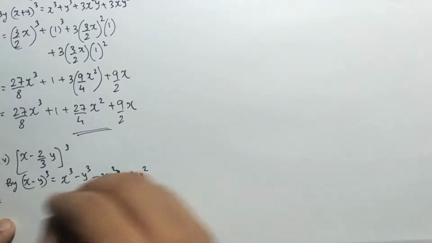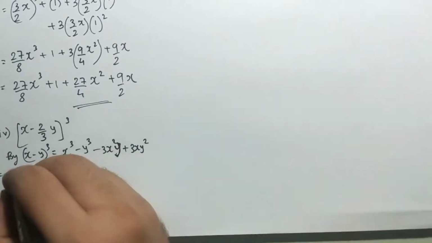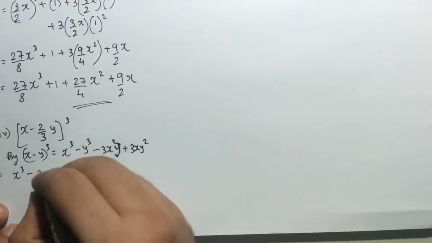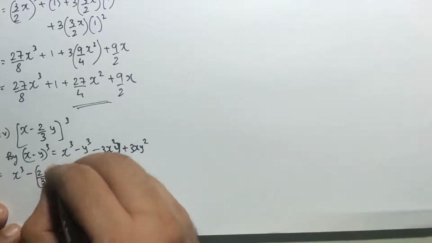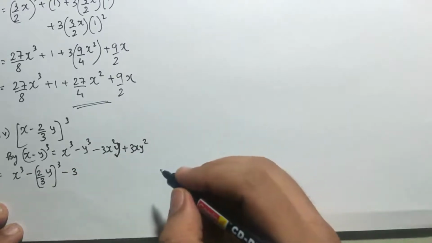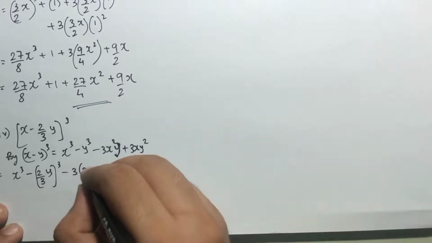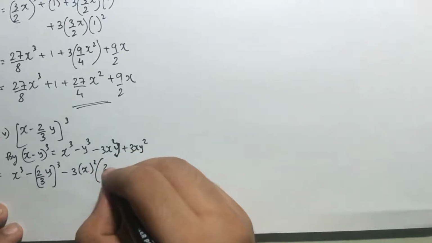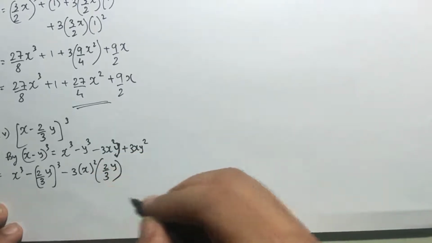So this will be cube of the first term. Cube of the first term is x cube, minus cube of the second term, that is (2 by 3y) cube, minus 3 multiplied by the square of the first term, that is x square, into the second term, that is 2 by 3y.